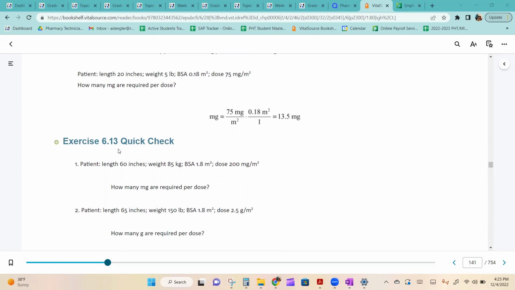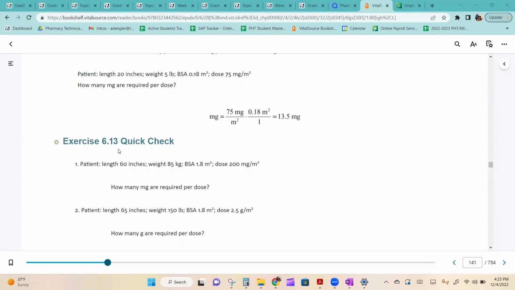The patient is 60 inches, that's their length. Their weight is 85 kilograms and their BSA is 1.8 meters squared. The dose is 200 milligrams per meter squared. So meters squared is the BSA. A lot of students get scared by that because they think they need to do something with the 2. You don't.